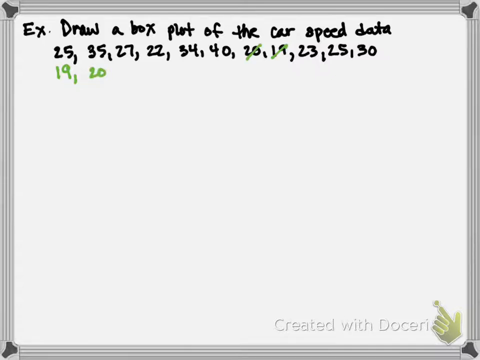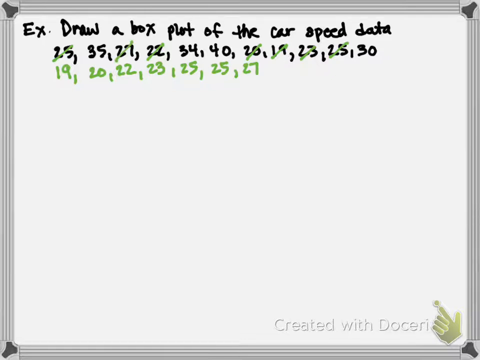So it looks like 22 came next, followed by 23, followed by 25, 2 of them actually, and then there was a 27.